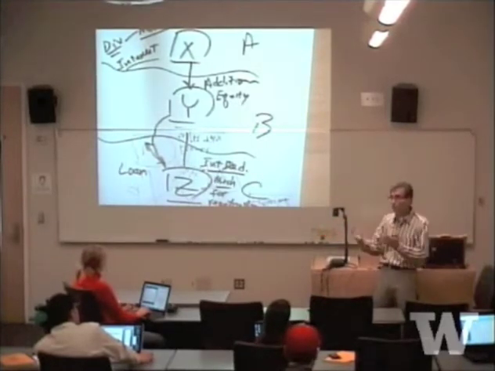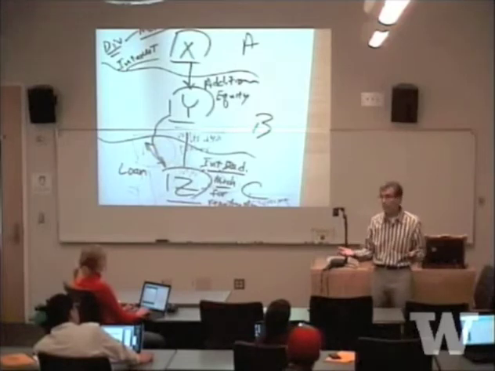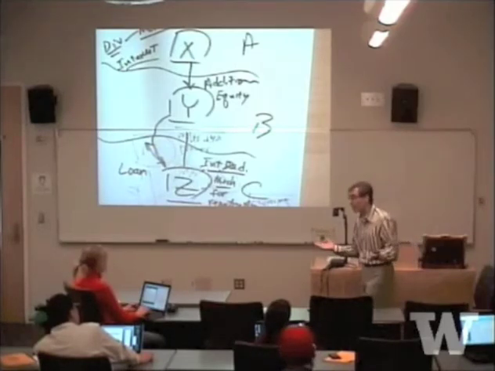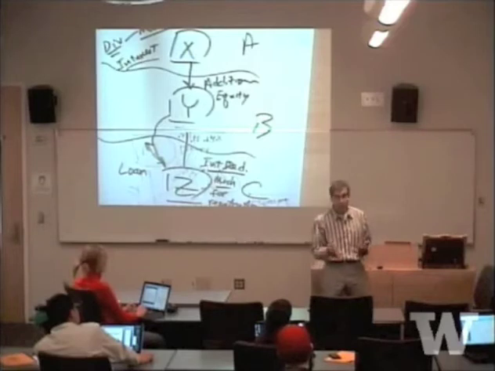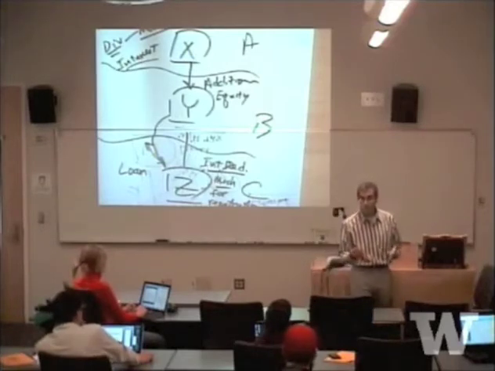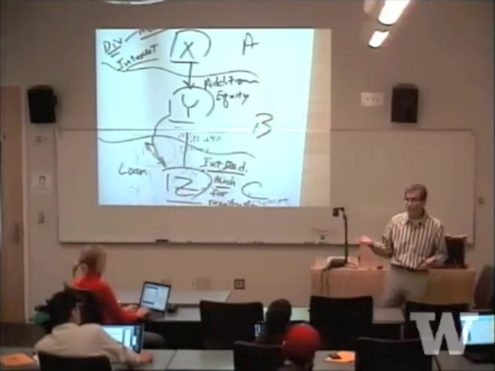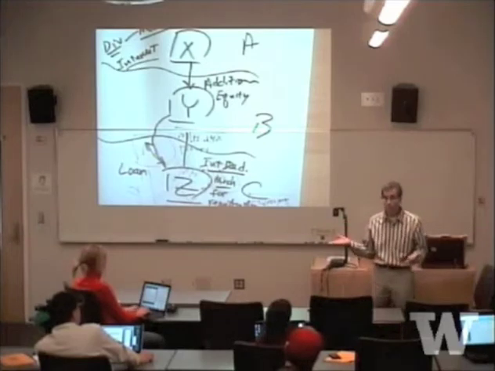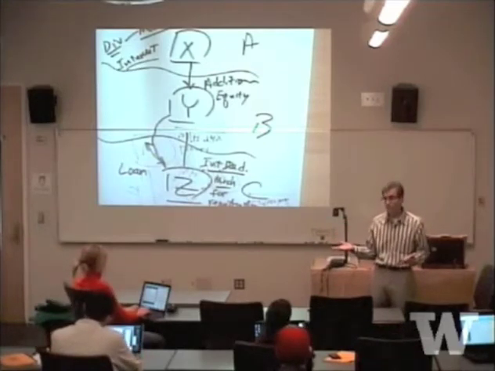But when Y turns around and declares a dividend, goes through the proper paperwork to declare a dividend, there is legally a dividend paid by Y to X. We have changed the character of the income.